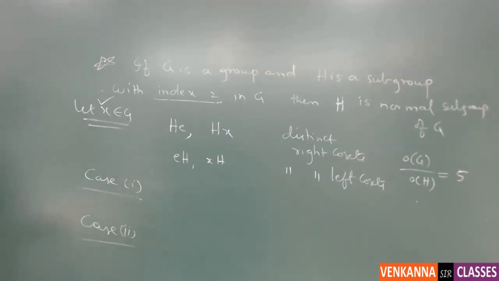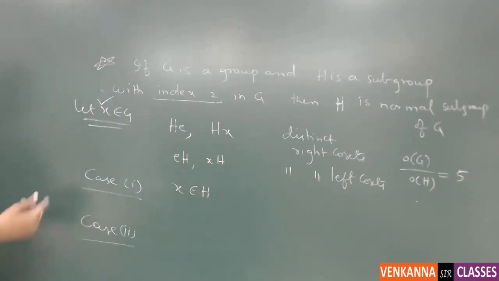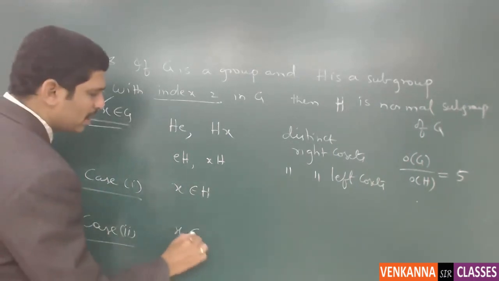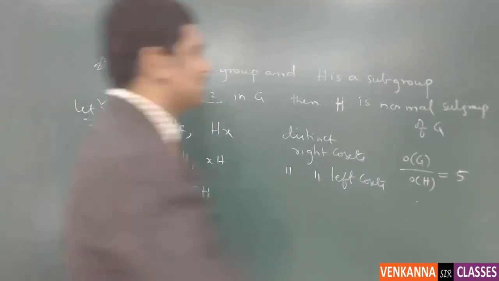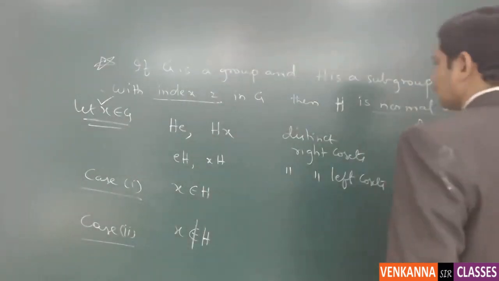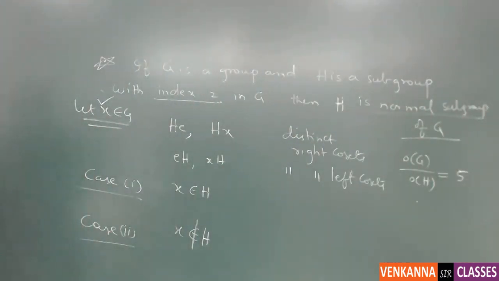The element X taken by you may belong to H, or it may not belong to H. These two cases would exist here. In both cases, whatever case you consider, we have to prove that H is a normal subgroup of G, as per the objective of the result concerned. Fine.